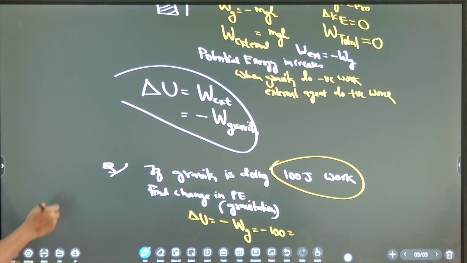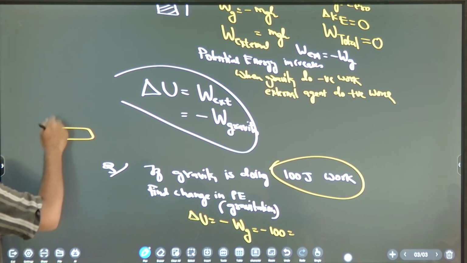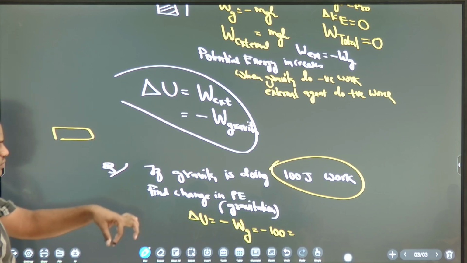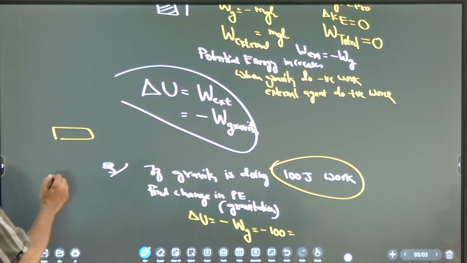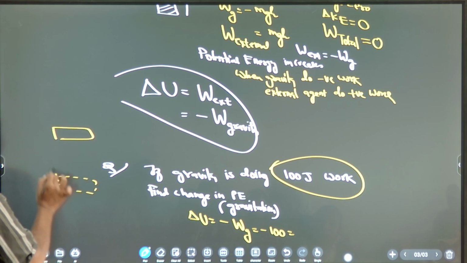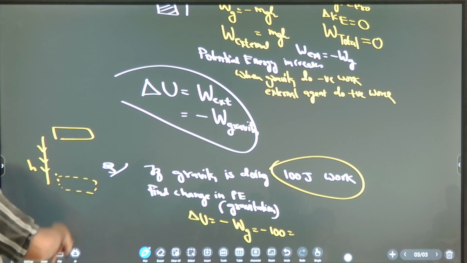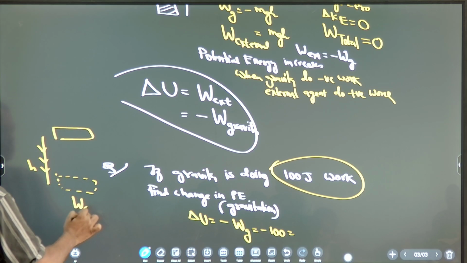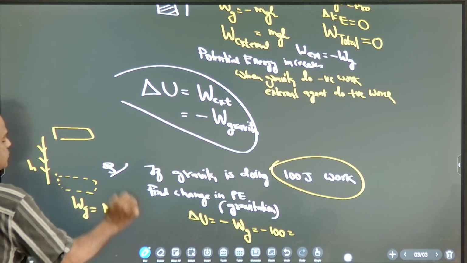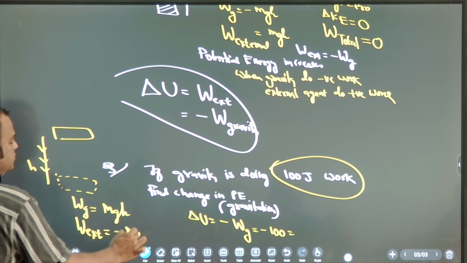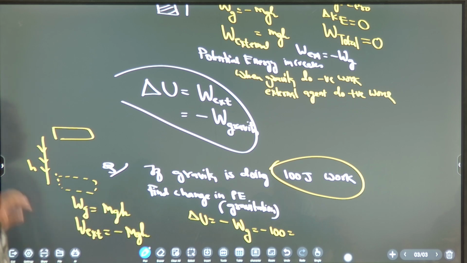Okay. Example, suppose the same block I am moving down. Now the same block is moving down like this. So displacement is where? Downward. So gravity is doing positive work. Mg downward, displacement downward. So gravity is doing positive work, mgh. The external agent is doing negative work.